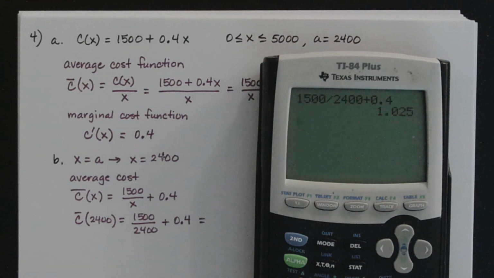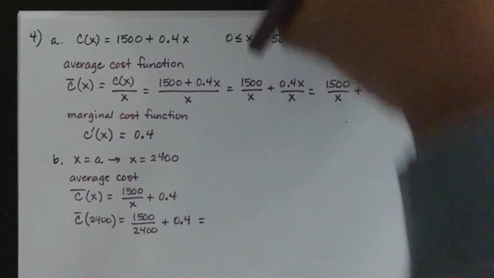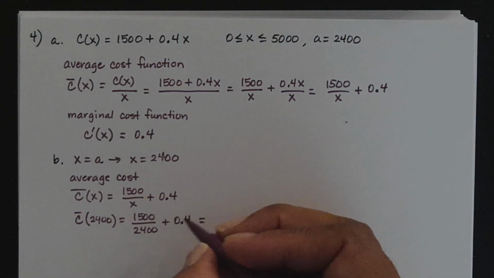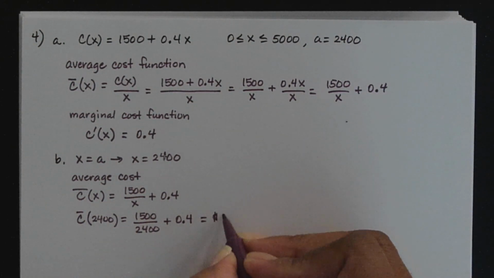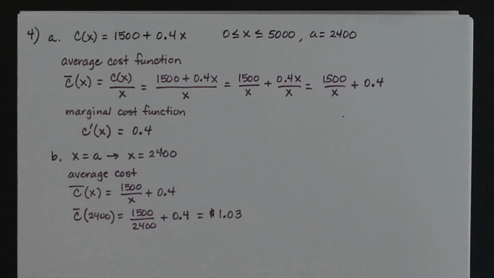Then hit enter. Now, to two decimal places, what would this amount be? 1.03. So in dollars and cents, this will be $1.03. That would be your average cost.